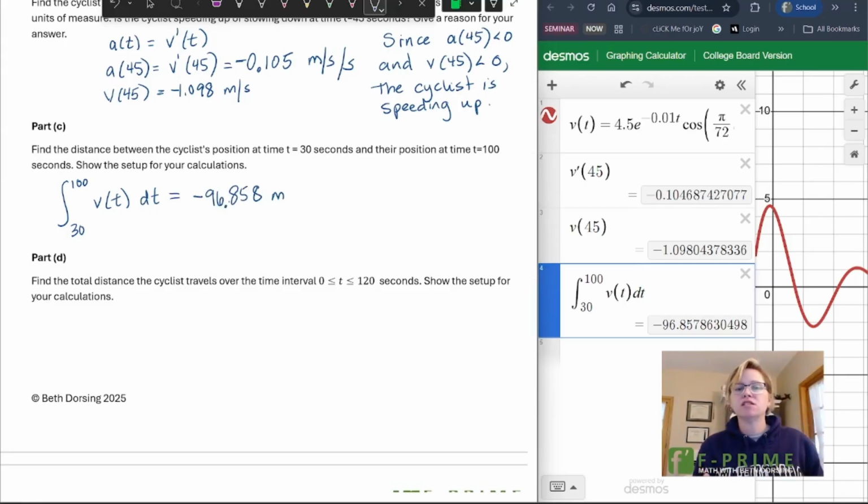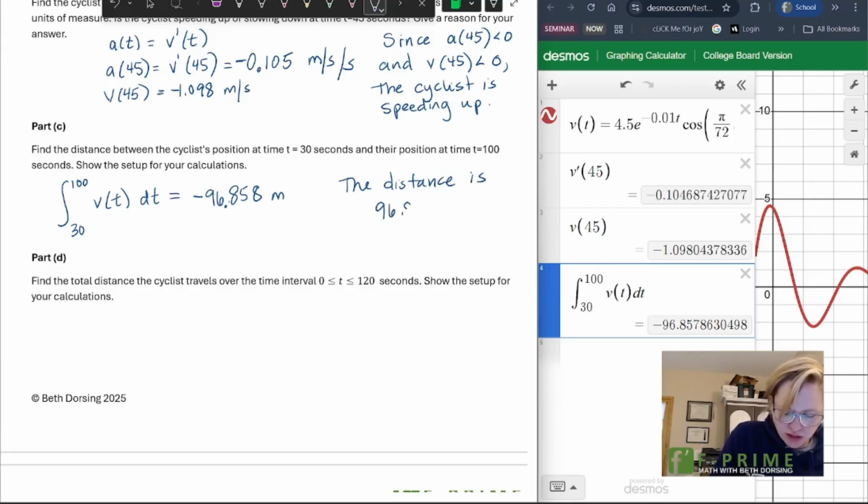Now, to give the distance, to take my final answer, I'm going to take this value and just give the absolute value. The distance is 96.858 meters. And that's the answer that I want to give.